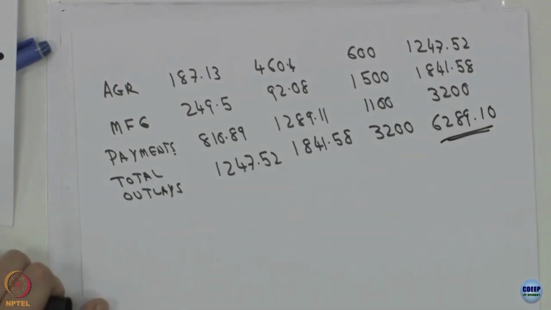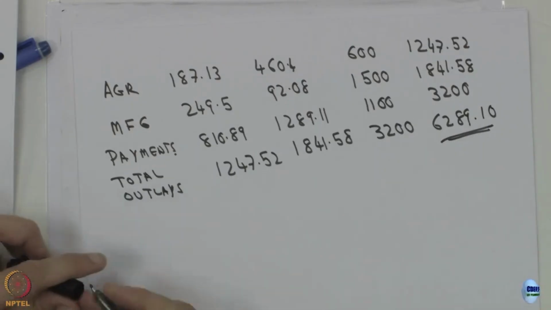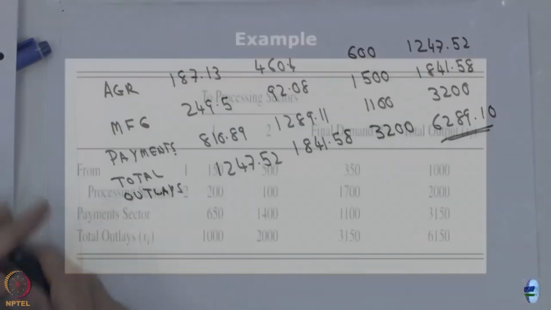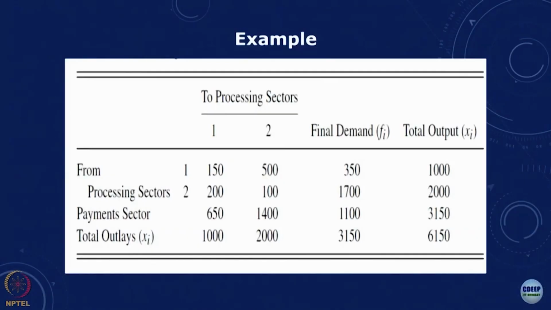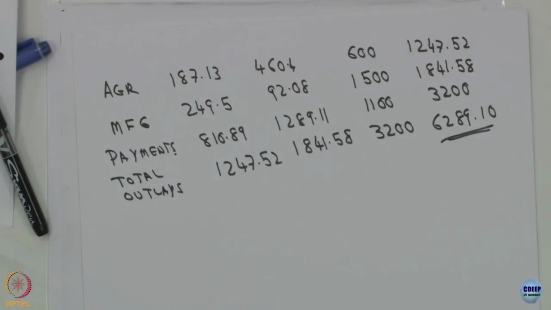Let's look at what it was earlier, and then we can compare these two. What has happened here is that even though the final demand of the agricultural sector has increased from 350 to 600, the total output of the agricultural sector, in order to meet this demand, has increased from 1000 units to 1247 units.